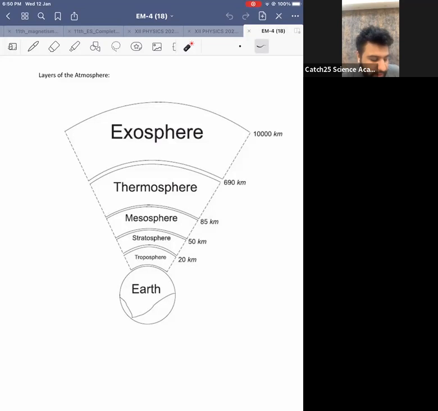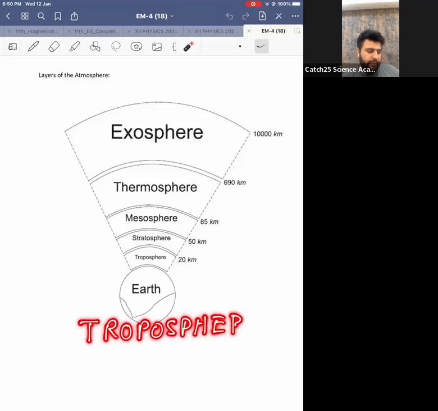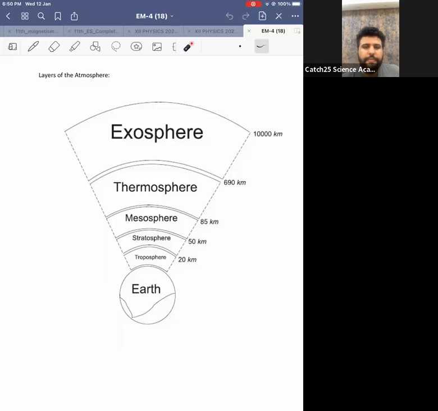Therefore, the first layer is troposphere. Below the diagram, write down the side heading troposphere. The first point that you need to write in troposphere is, it is at a distance of 20 kilometers from the surface of the Earth, because that is in the diagram itself.